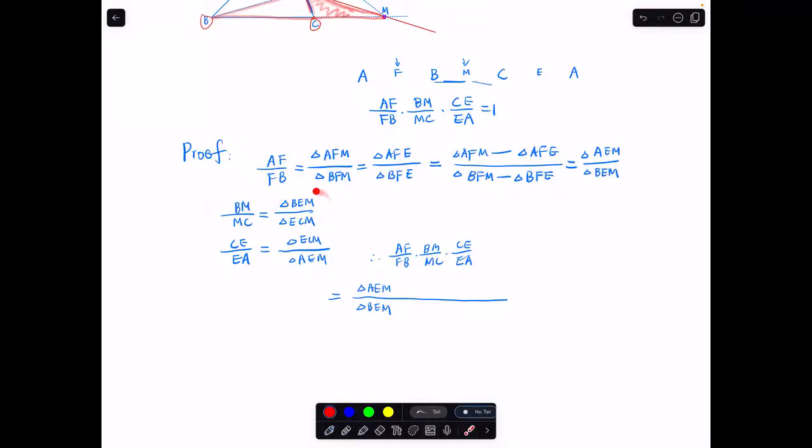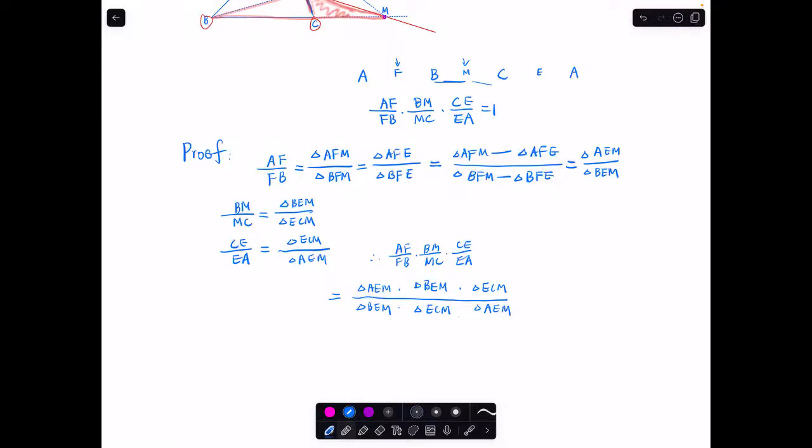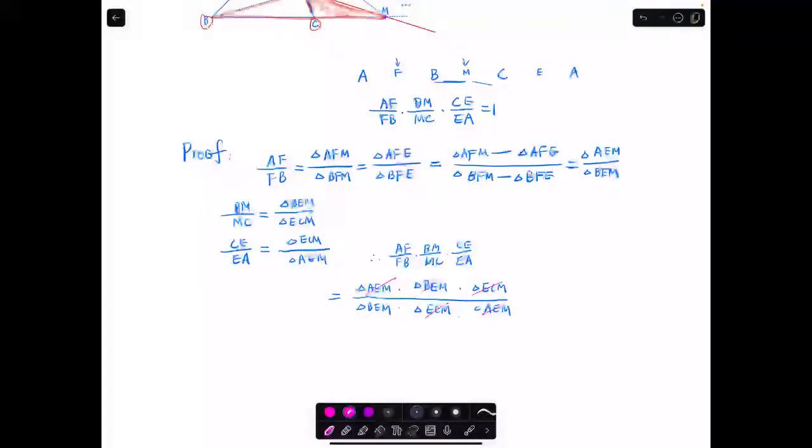Now for the second one, it's going to be BEM over ECM, times, finally, ECM over AEM. Now you notice that everything cancels, right? That's good news. So for example, AEM, and then the ECM and then BEM. Of course, everything is equal to 1. That's a proof.